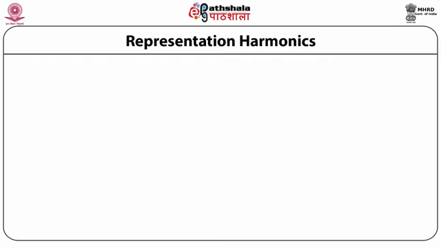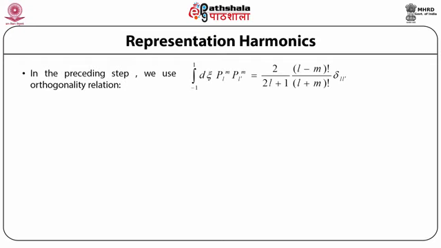Representation of spherical harmonics. In the preceding steps that we have just discussed, we have used the orthogonality relation: the integral of PLM PL prime m d xi is equal to 2 upon 2l plus 1 whole times L minus m factorial upon L plus m factorial times delta L prime, where delta is the del operator.